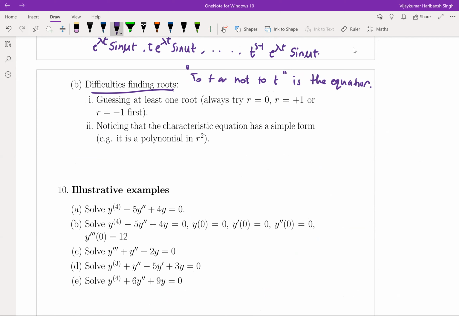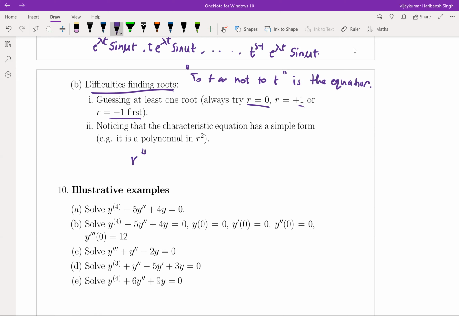So how would we find the solution? Well, one way is to guess the roots, try r equals 0, 1, plus or minus 1. Generally, we are solving problems where we'll have a simpler form. Also notice if the characteristic equation is of simpler form, that means it's a polynomial in r squared.